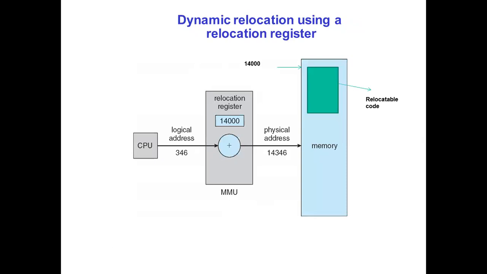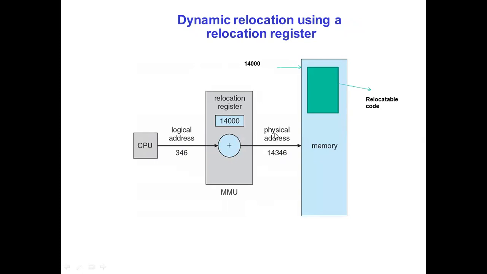Now dynamic relocation using a relocation register. Here you can see how the address is changing. The CPU generates the logical address, 346, and it comes to the memory unit. In the memory unit we have the relocation register, which holds the relocation address.